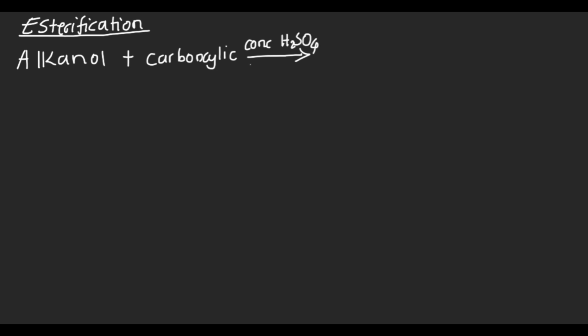Now let's look at this process of esterification. So we first need to have the alkanol. So the alkanol is just an organic alcohol. Then this alkanol is reacting with carboxylic acid. Then the condition, we said we need concentrated sulfuric acid, and the temperature, or we can say heat.